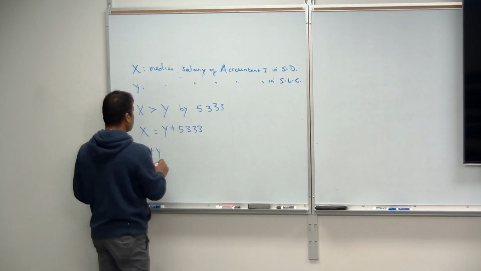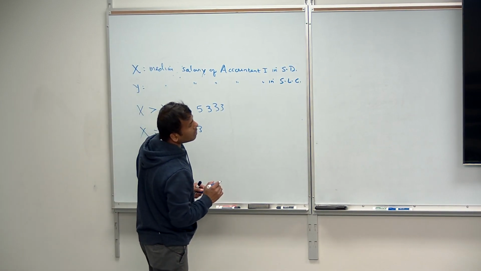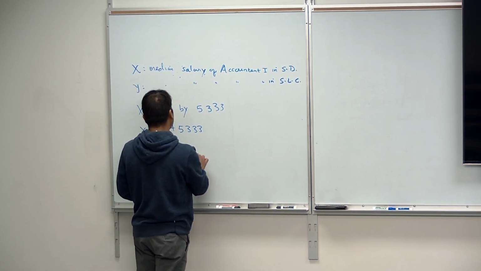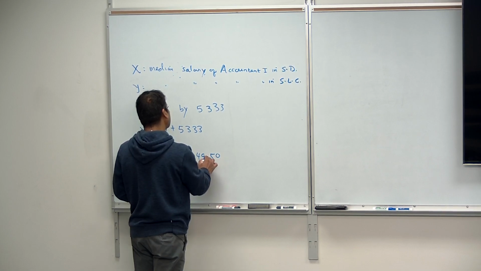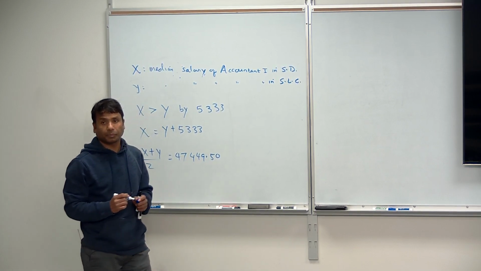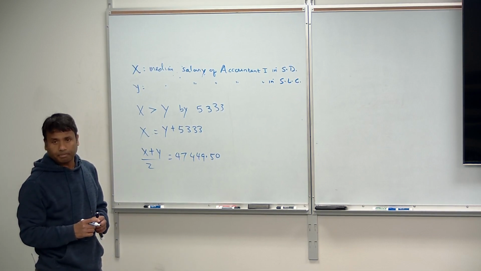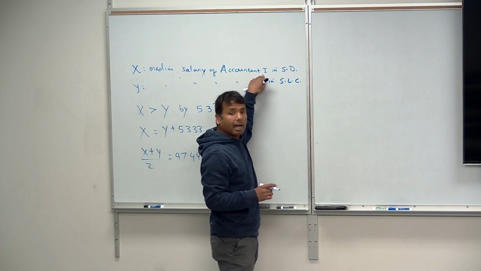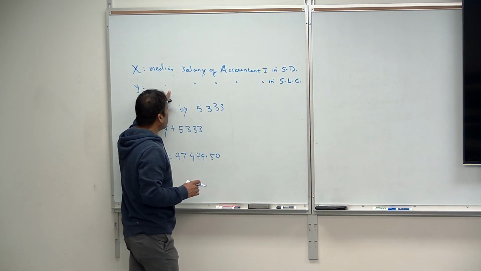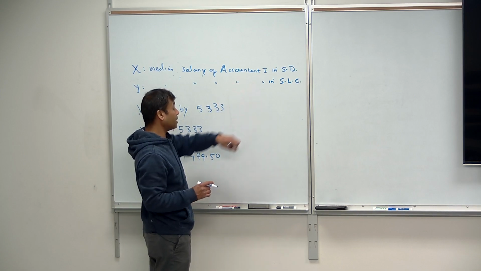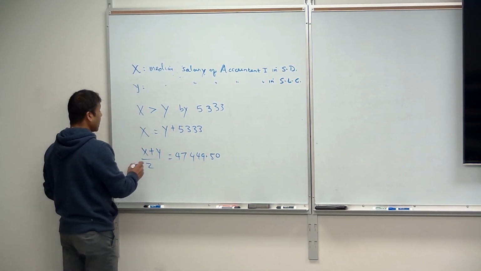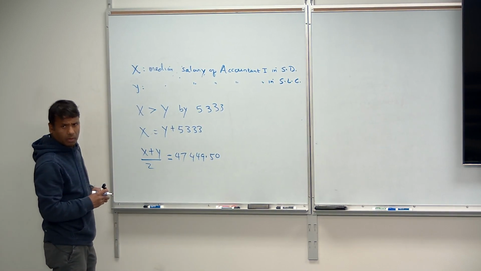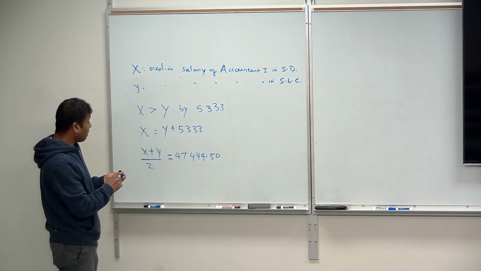So the average is going to be $47,449.50. X is the median salary in San Diego, Y is the median salary in Salt Lake City, and their average, X plus Y over 2, is equal to this. Did you get it? Now you multiply both sides by 2.